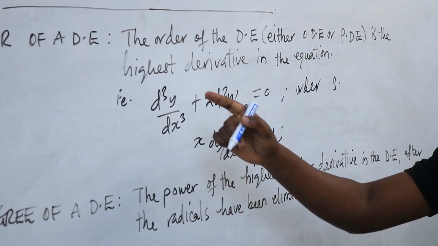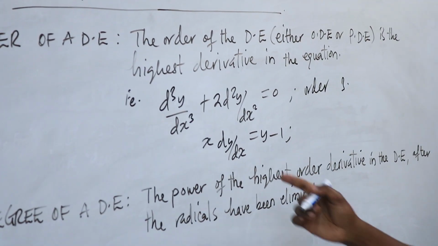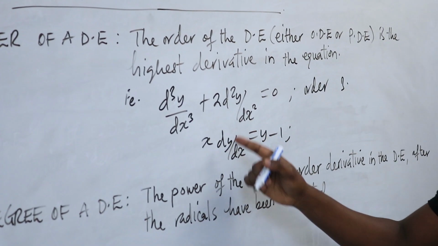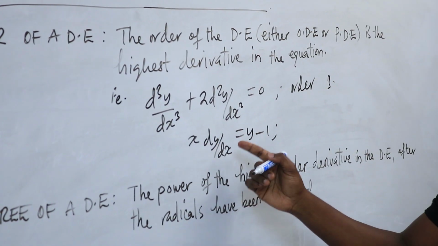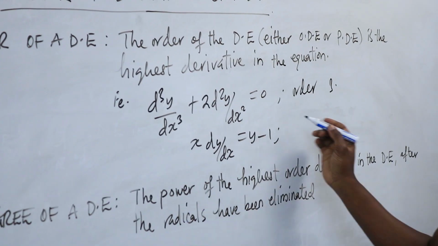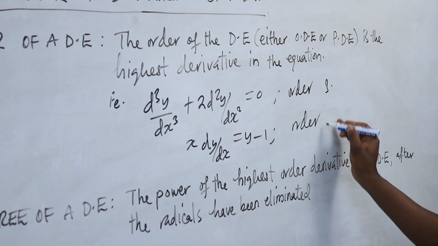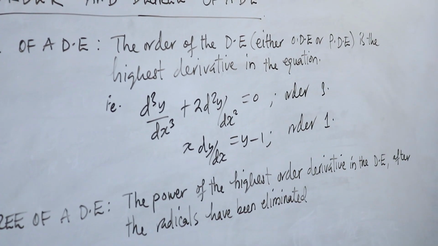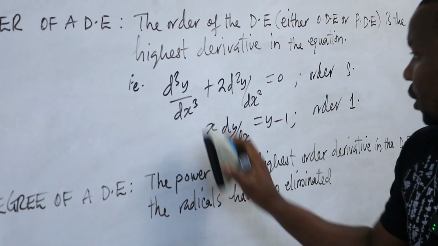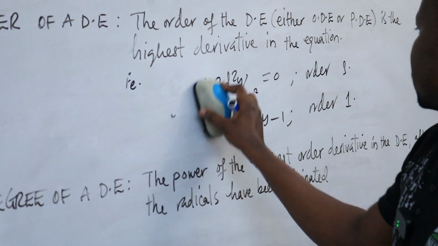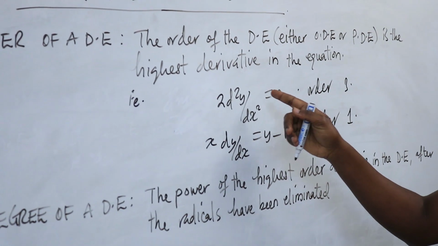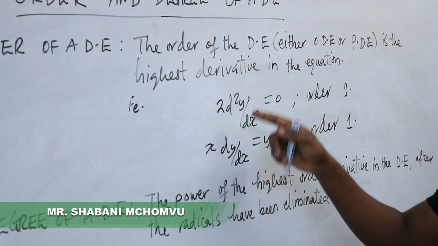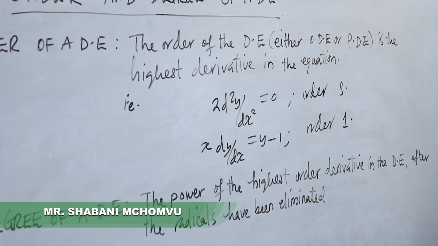So the order becomes 1, because it was differentiated for the first time. The highest order derivative reached is 1, so we say this is order 1. And what if this was not there? Then this one becomes order 2, because the highest derivative reaches the second derivative.